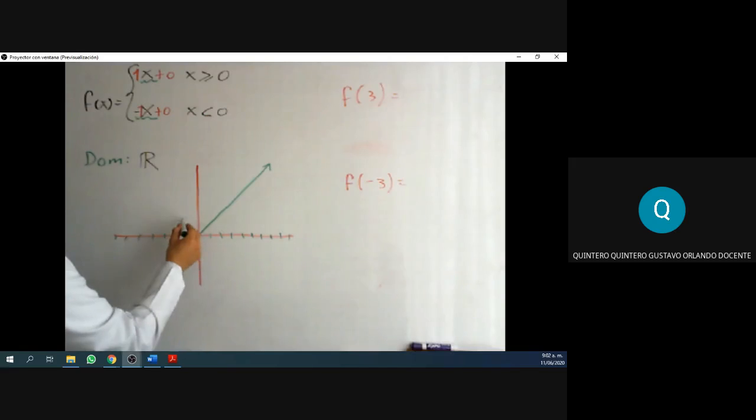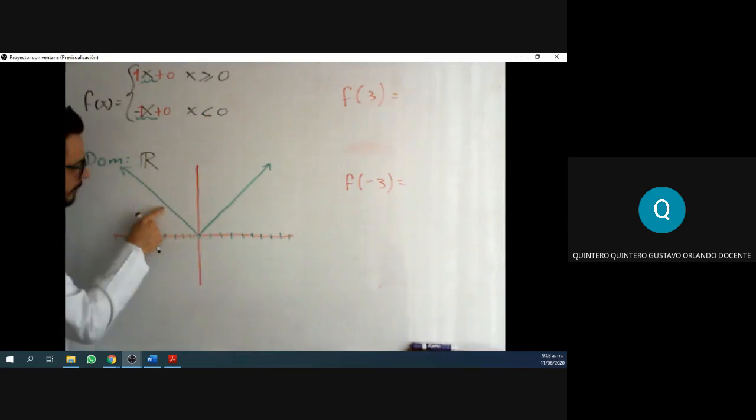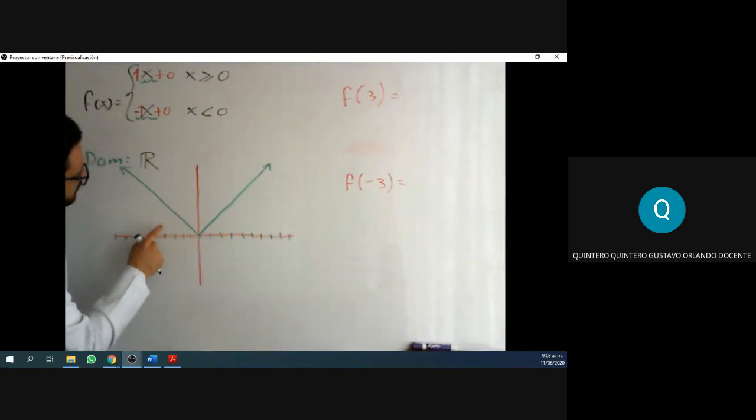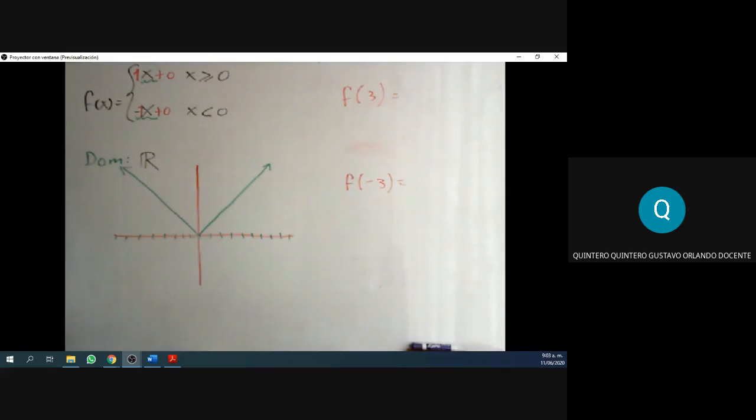Sorry, it's like this. And then the little arrow to show that this continues to infinity, right? This line has a negative slope of 1. This line has a positive slope of 1. This is the drawing of our function.